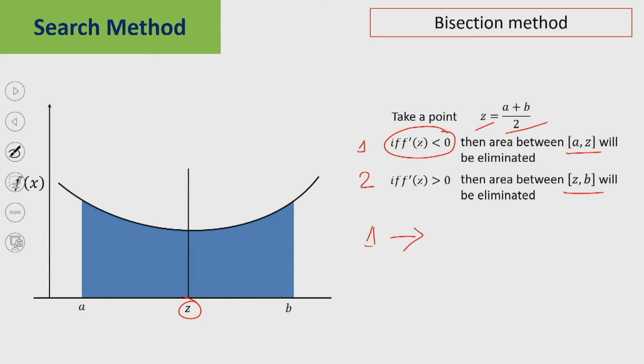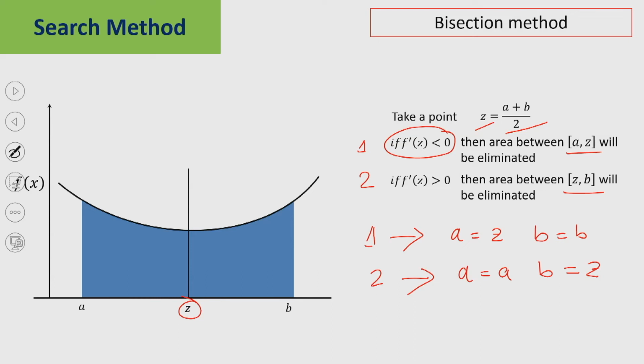That means the derivative at z is less than 0, so we are eliminating a z. In that case a will be equal to z, and b will be unchanged, b equal to b. Now, if the second condition is true, we are eliminating z b, so a will be unchanged, a equal to a and b equal to z.